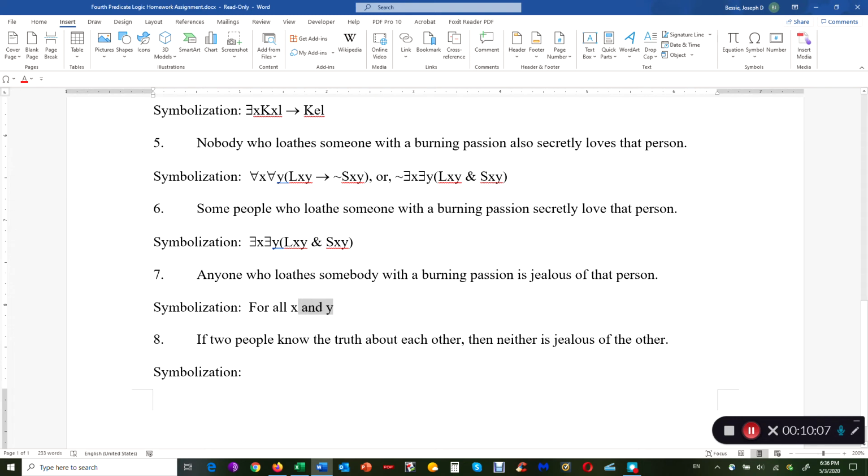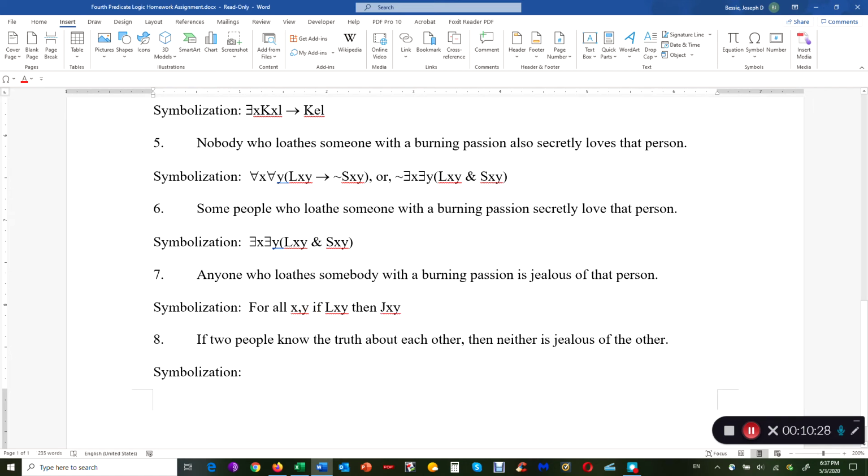Sometimes in math they'll write it this way: for all x, comma, y, if LXY, then JXY, right? They won't talk about loathing people and jealousy, but they'll talk about quantification. For all x, comma, y.